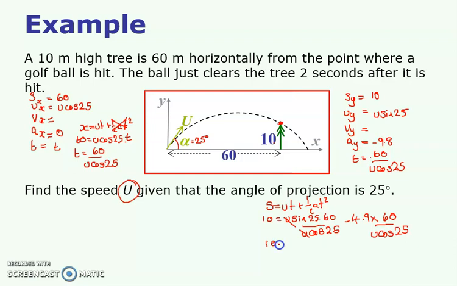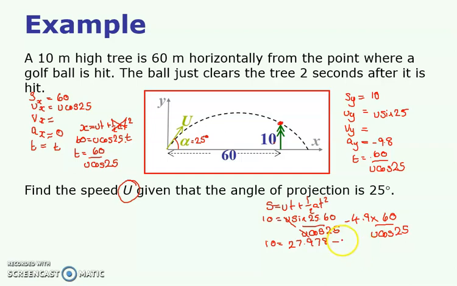So tan 25 times the 60, I get 27.978. That will do, minus 4.9 times 4.9 times 60 divided by cos 25.